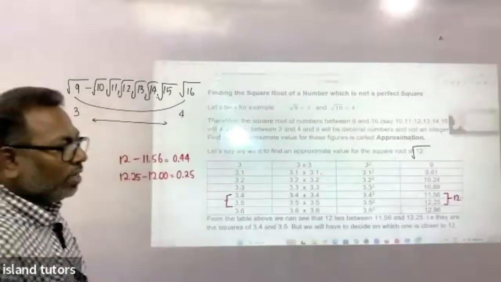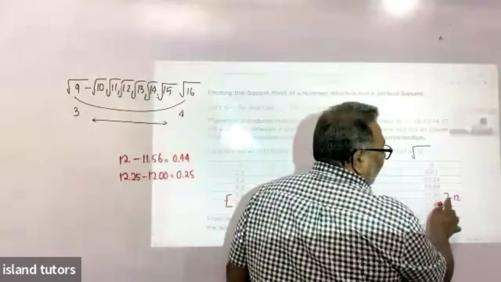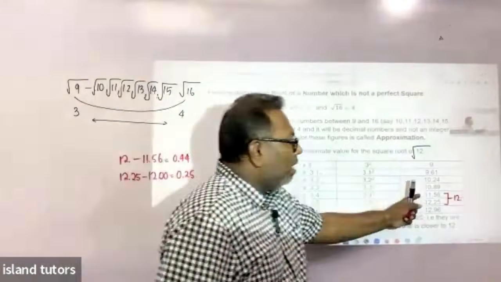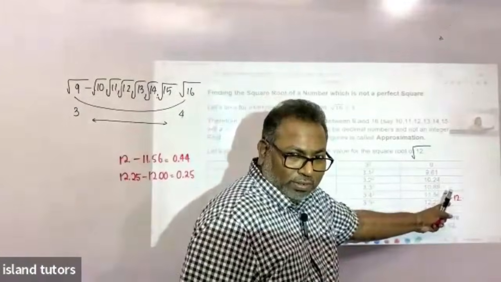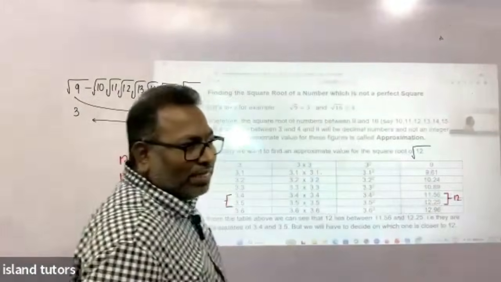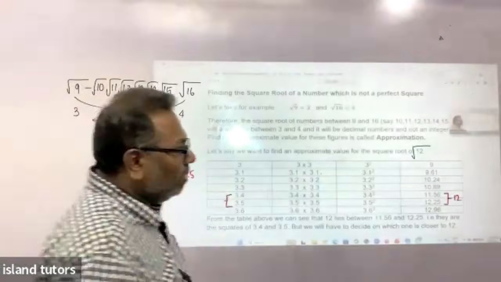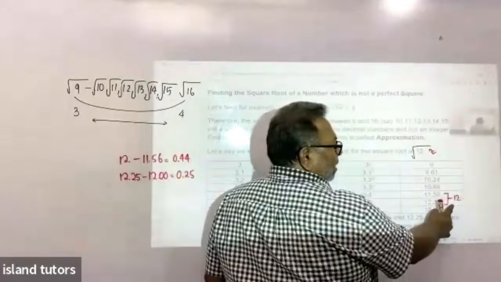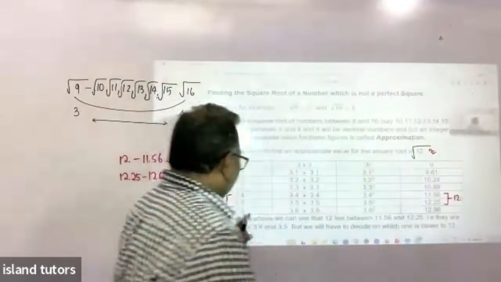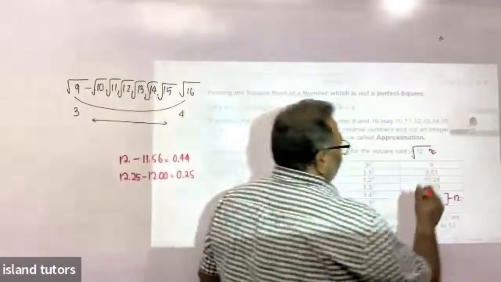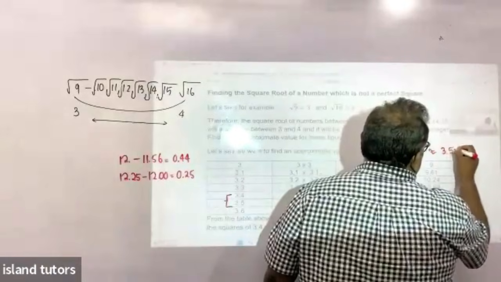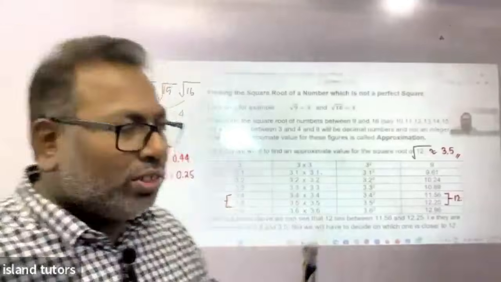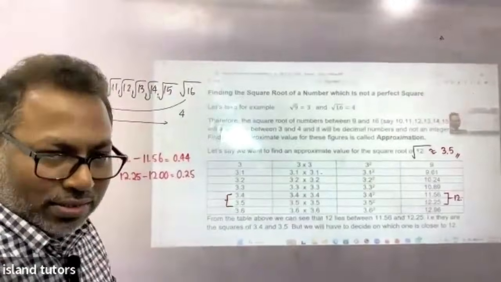So which one is closer? 12.25 is closer to 12 than 11.56. You followed? Therefore, what we can say is approximately the square root of 12 is 3.5. A value which is going to be closest to that particular answer.